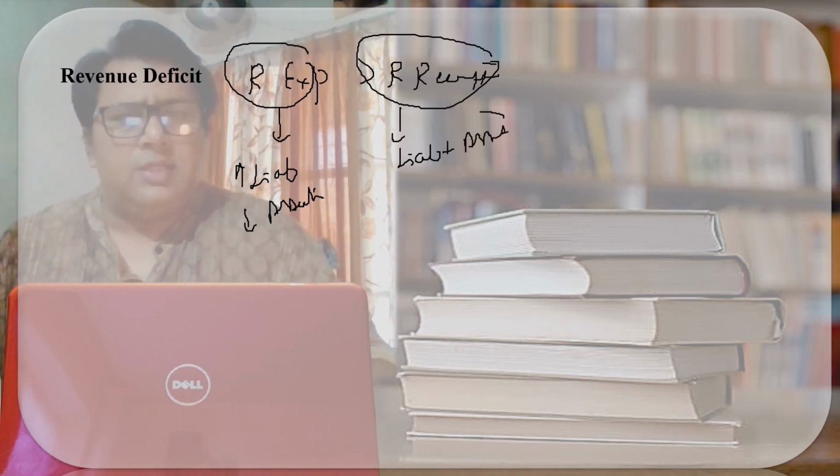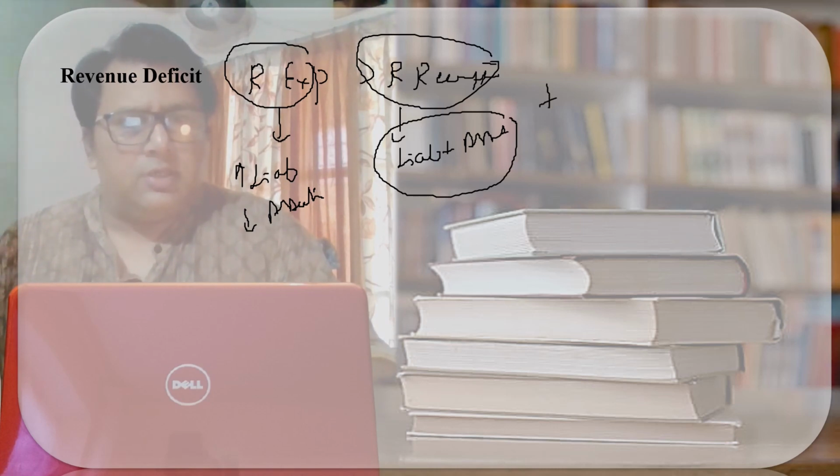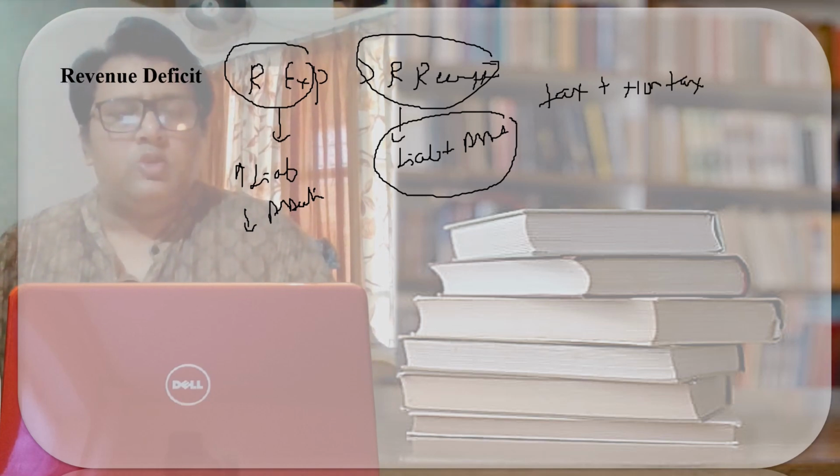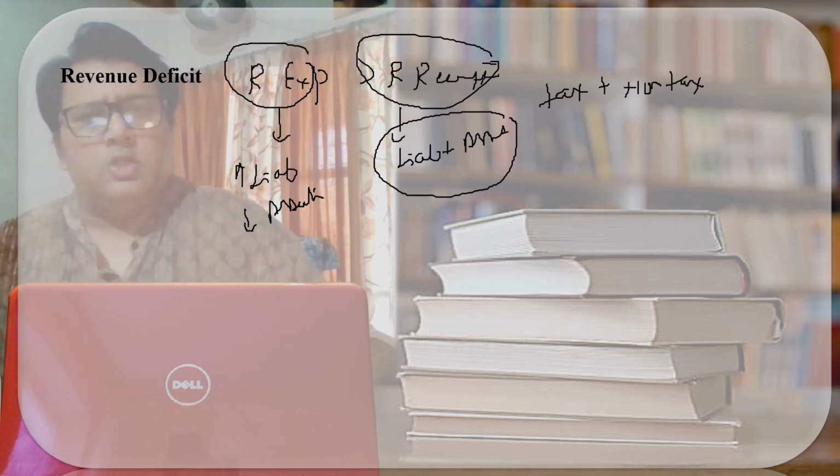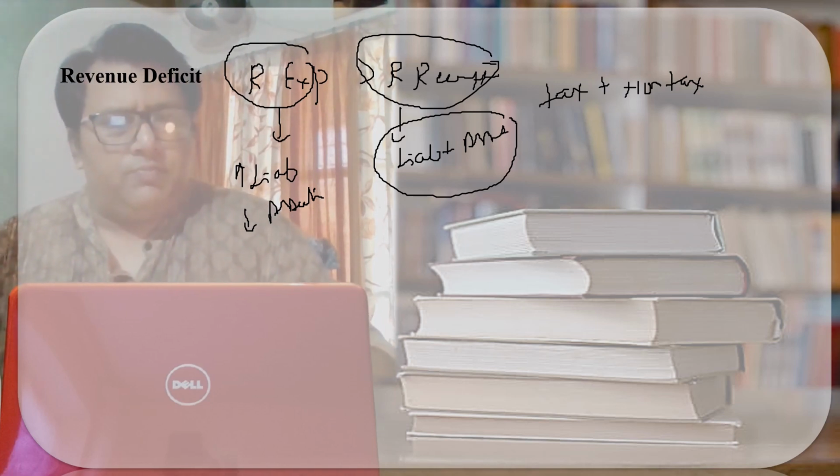In short, we have two sources of revenue receipt, that is tax plus non-tax. At the time of discussing the components of the budget, we discussed the revenue receipt and the revenue expenditure. So always keep one thing in your mind. What is the revenue expenditure?